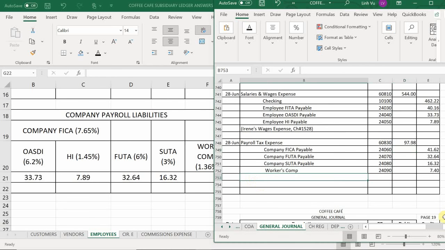Good. Make your note here. You could say payroll taxes for Irene.